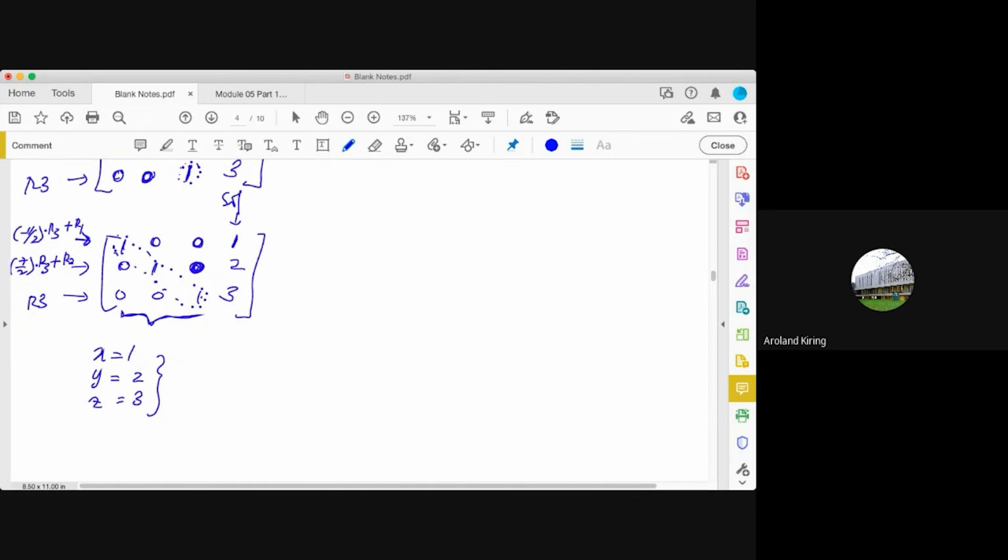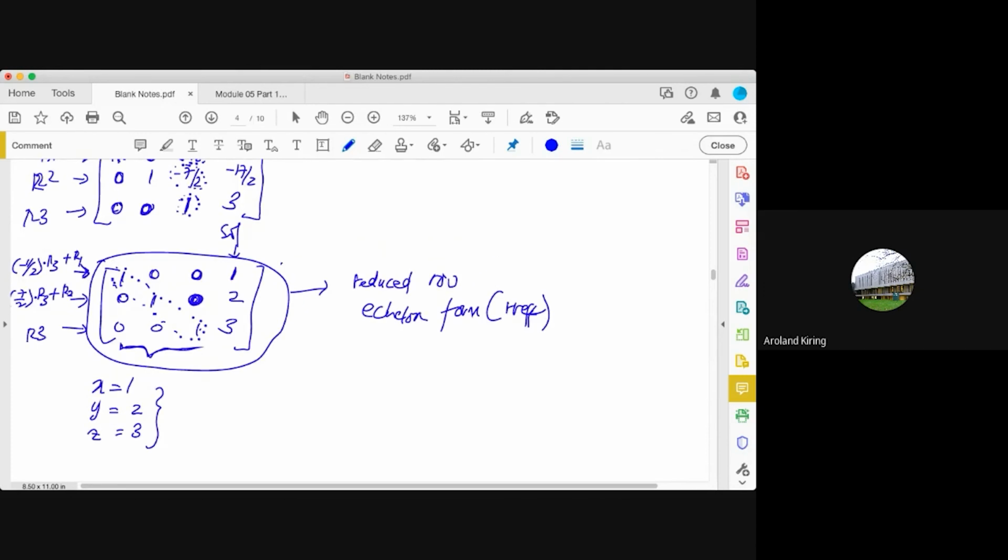All right, so this matrix we call a reduced row echelon form, RREF. Okay, so you have your augmented matrix just now. You want to transform your matrix to become a reduced row echelon form matrix.